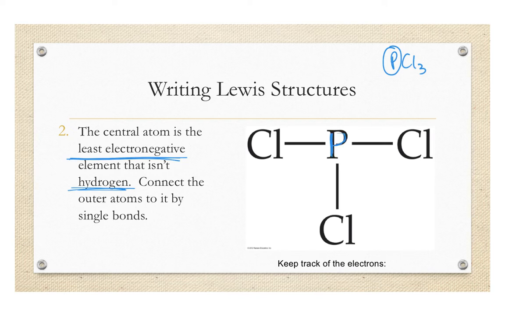Then I connect all the rest of the elements, the other 3 chlorines, to it using single bonds. Each of those counts as 2 electrons. So 2, 2, and 2. We started with 26, and we just used up 6 valence electrons. That leaves me with 20 valence electrons left over.